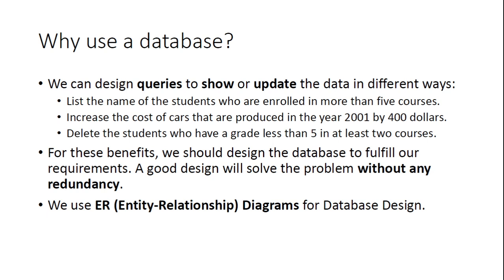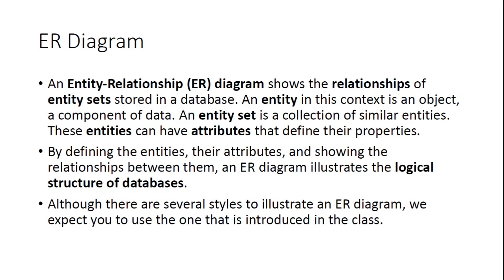And to design our database, we are using entity relationship diagrams. It is showing the relationships of entity sets stored in a database. What we call an entity is going to be an object. For example, the student could be an entity. And an entity set is the collection of these similar entities.